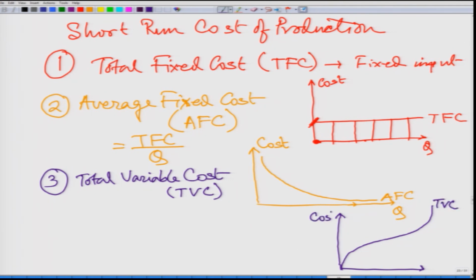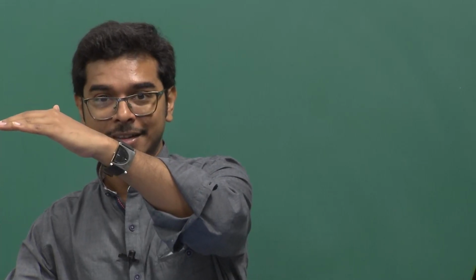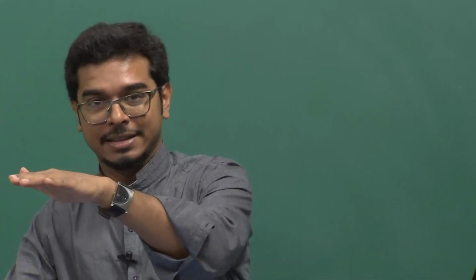Here I have my cost and here I have my quantity. When quantity increases, the cost initially rises at an increasing rate, then increases at a decreasing rate, gets flattened, and then again increases.